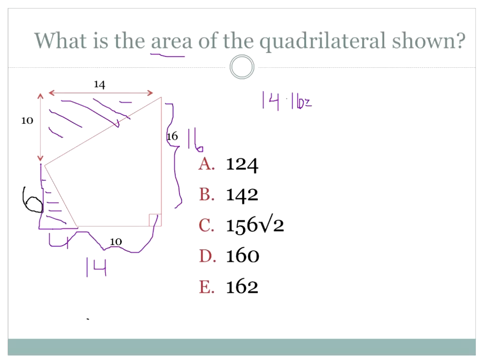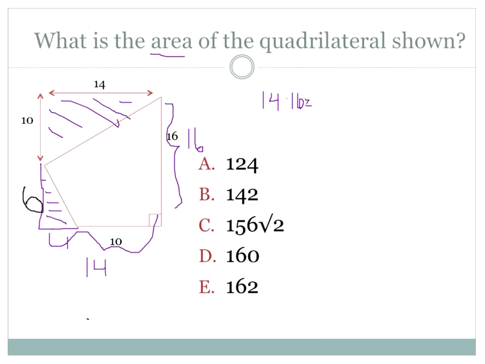Kay, do you want to help us? I see someone's drawing in some information. Go ahead and try to talk me through what you're talking about with these triangles. Well, we use the formula for a triangle, 1/2 base times height, or base times height divided by 2, and find the area of each one of them.